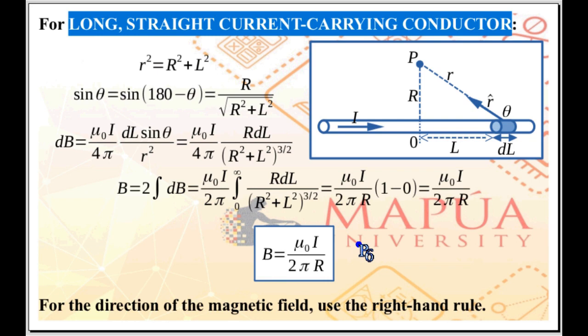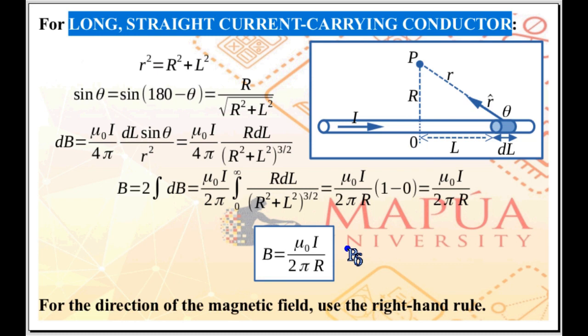Align the thumb of your right hand with the direction of the current, and the direction in which you close your fingers at point P will tell you the direction of the magnetic field at point P.